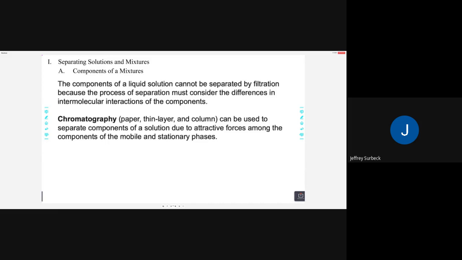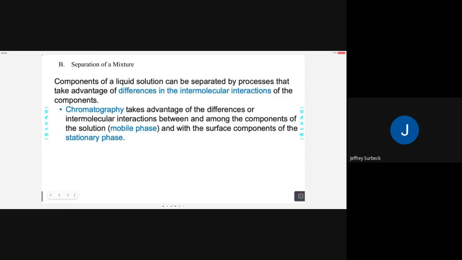All right, so chromatography basically separates it based on, hey, is it polar or not? That's really the bottom line here. Okay, so let's move on fast. Chromatography is going to take advantage of the intermolecular attractions.